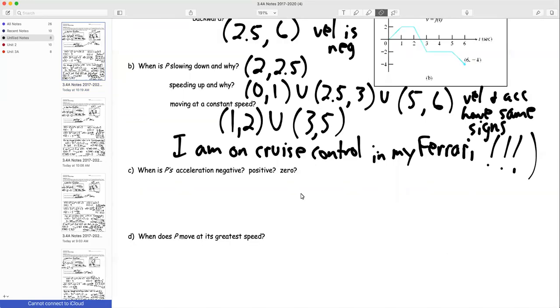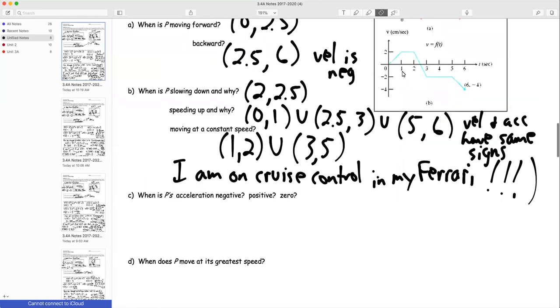So part C says I have a graph here of the velocity, and part C asks when is the acceleration negative, when is it positive, and when is it 0? And so we remember from yesterday that the acceleration is going to be the derivative of the velocity.